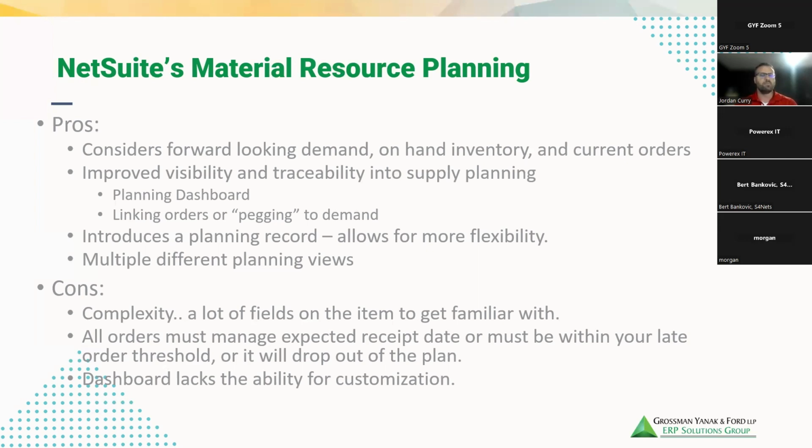Okay. The cons of it is there are a lot of fields on the item to get familiar with. There are a lot of different methods that you can use that will dramatically affect the results you get from a supply planning perspective. So what I always tell people is, start out simple.